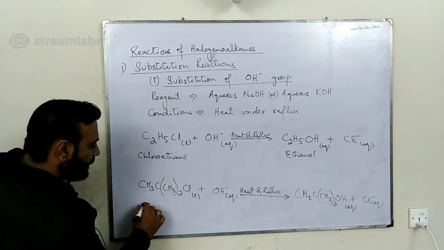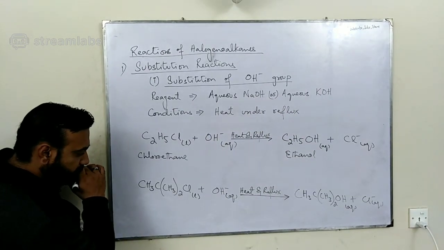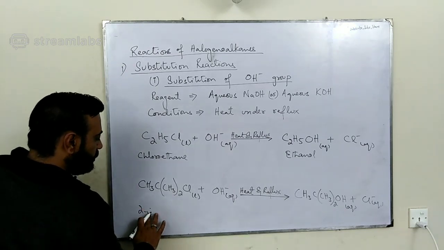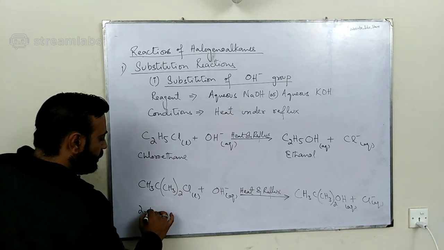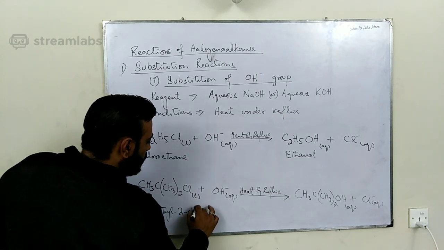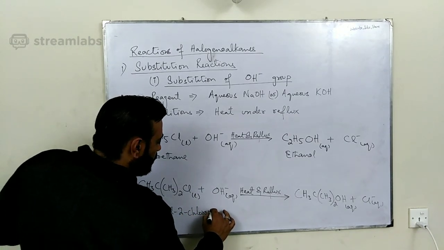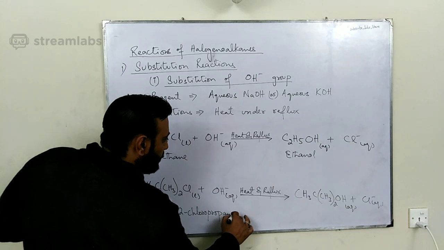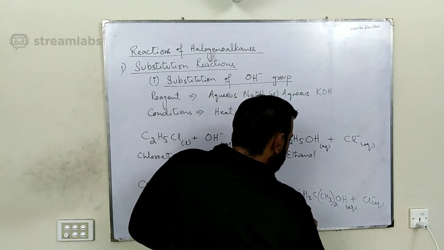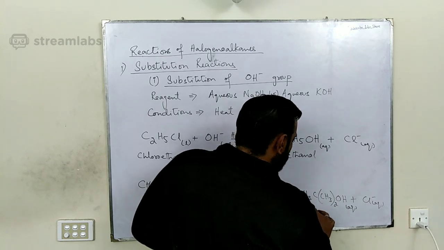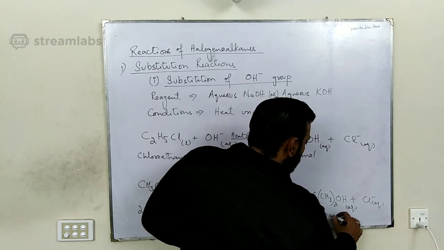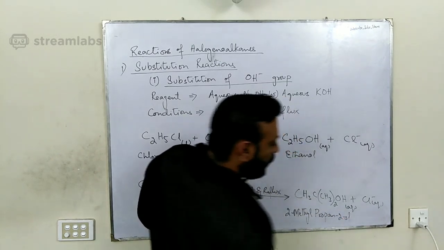This compound's name was 2-methyl 2-chloropropane, and the name of this compound is 2-methylpropan-2-ol.